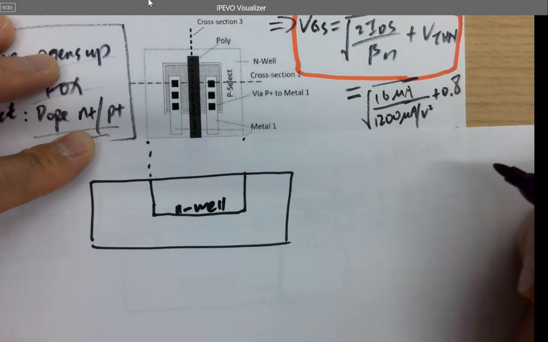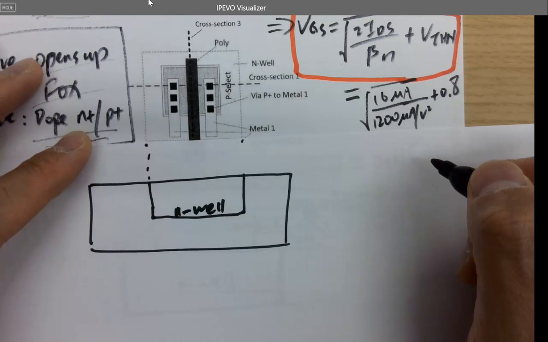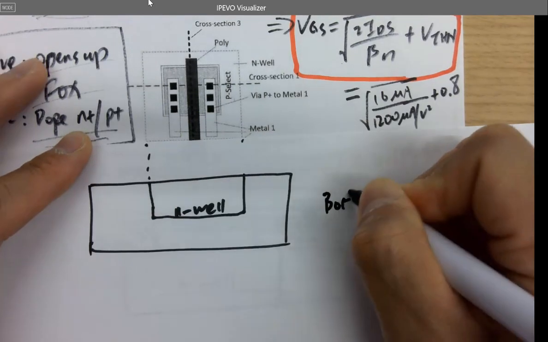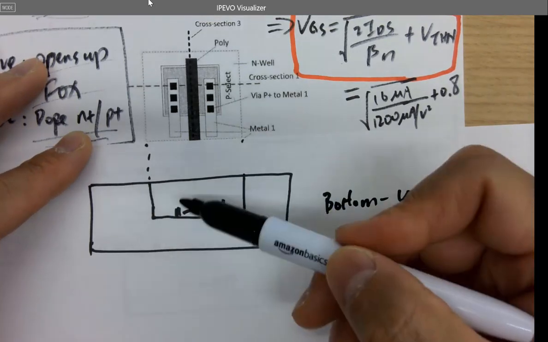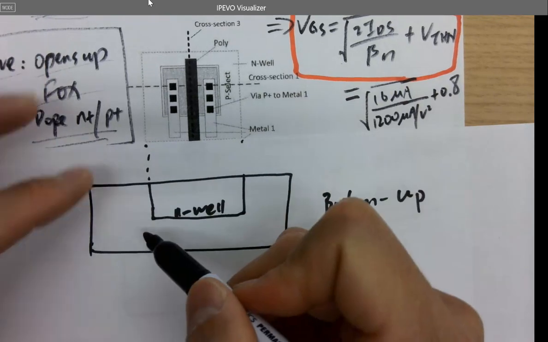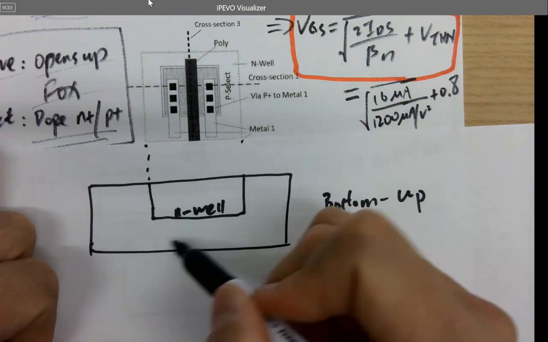No problem. What's next? It's a bottom-up process. So you can start from the lower layers and start going up. So do you have anything inside the N well?